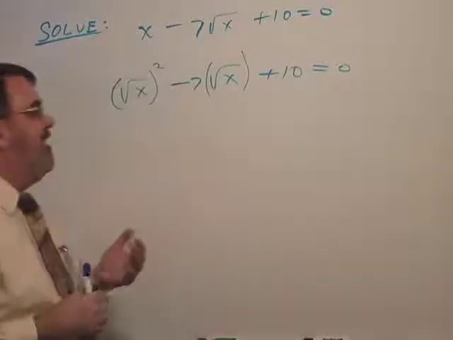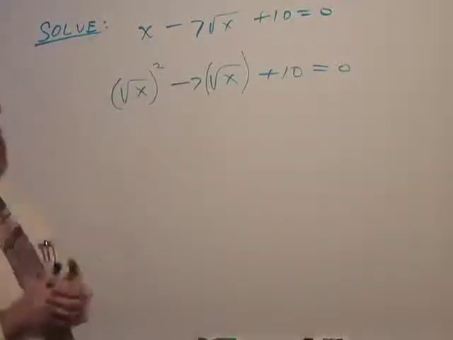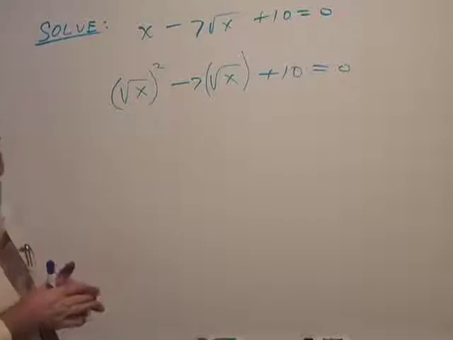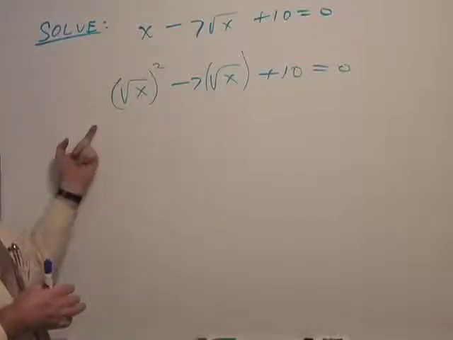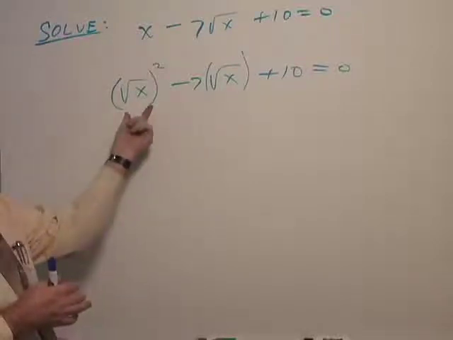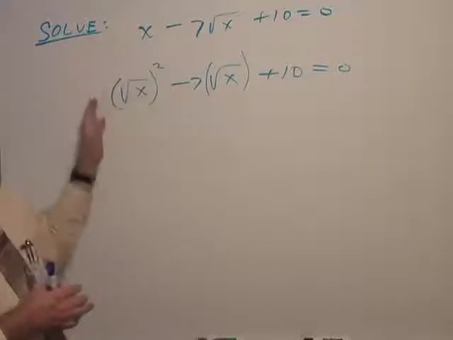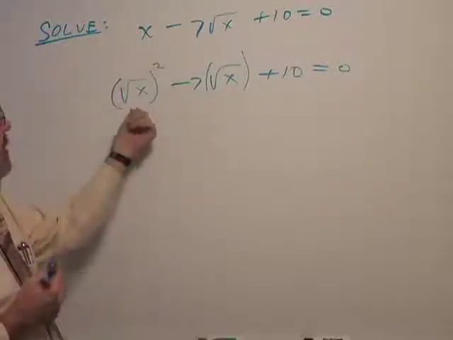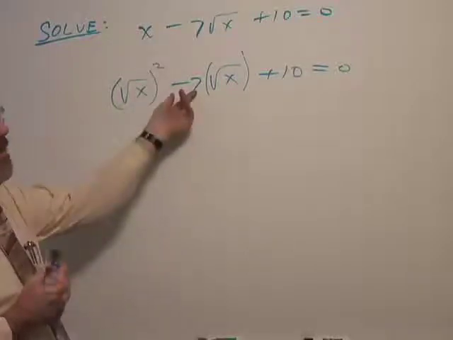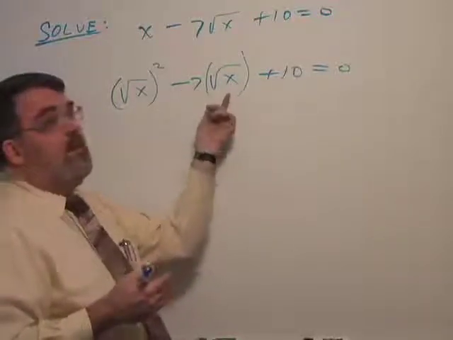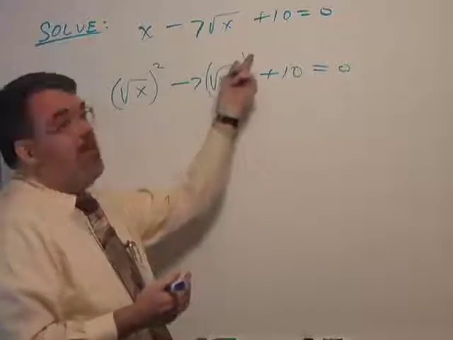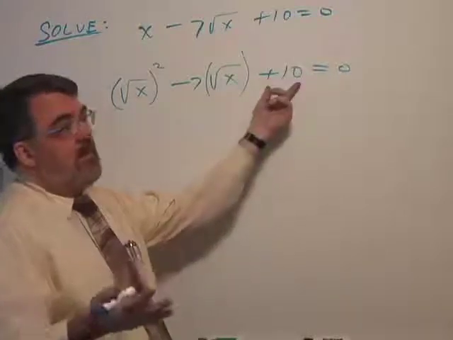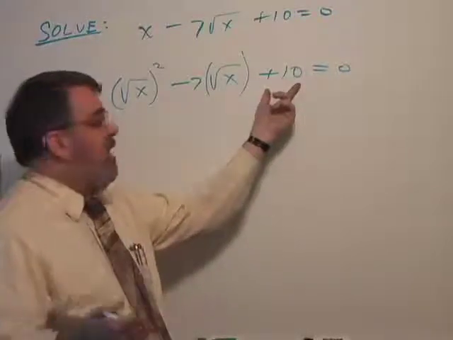Alright, so what is a quadratic equation? A quadratic equation has a number out here multiplying something squared. Now my number out here is 1, but in other words, there's a variable squared, and then plus or minus some number times the variable to the first power, and then a constant number added or subtracted.